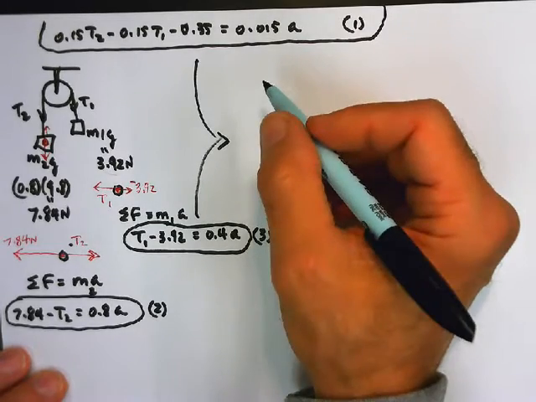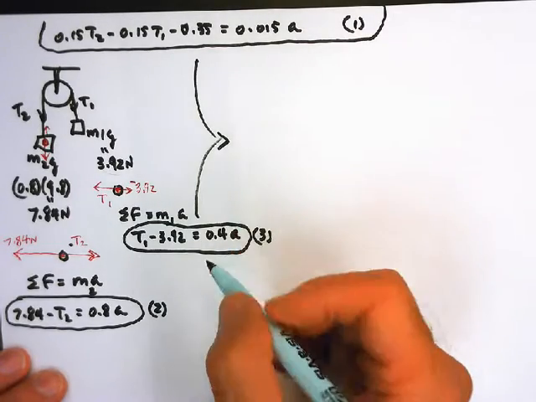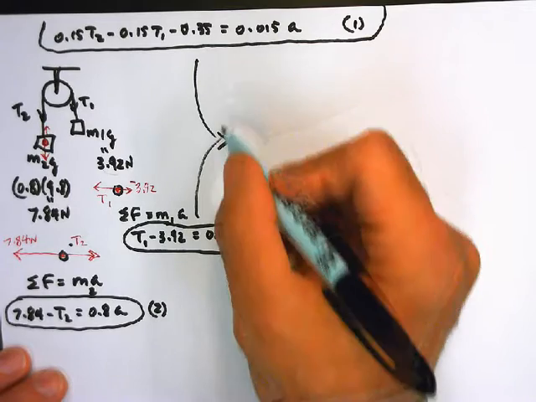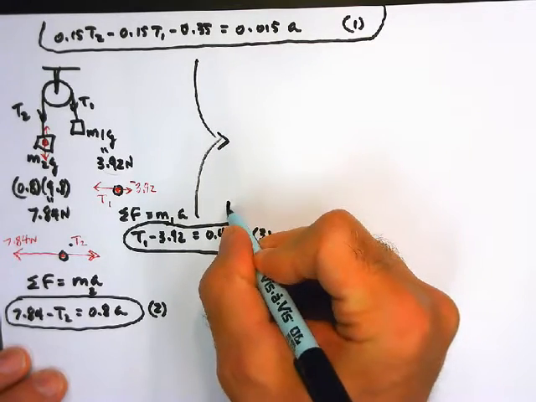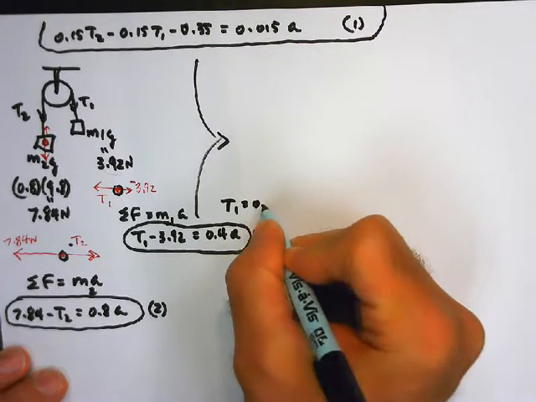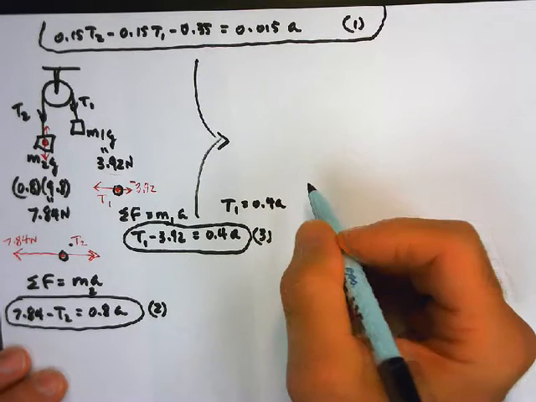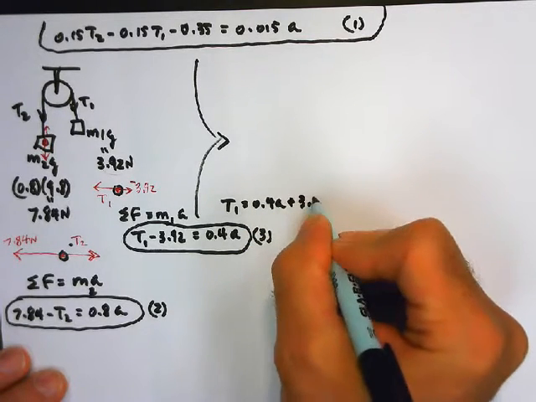Just solving for T1 here, T1 is equal to 0.4a plus 3.92.